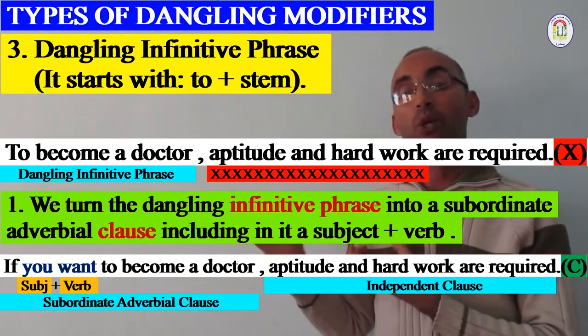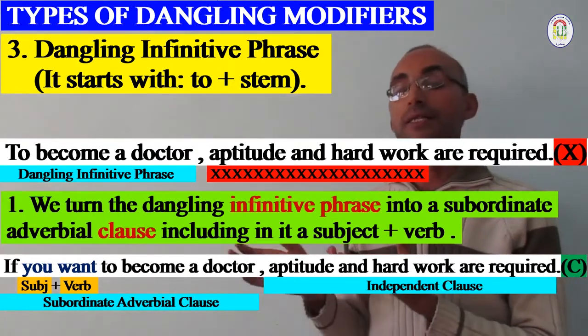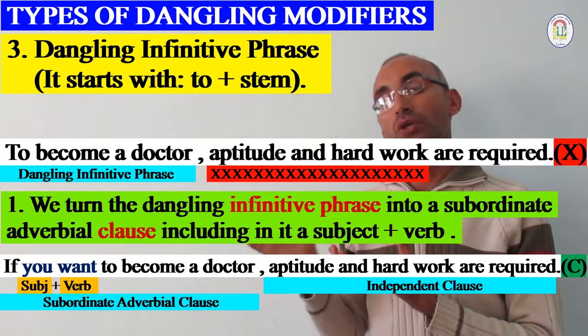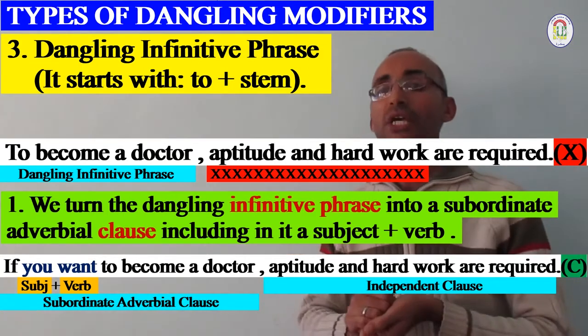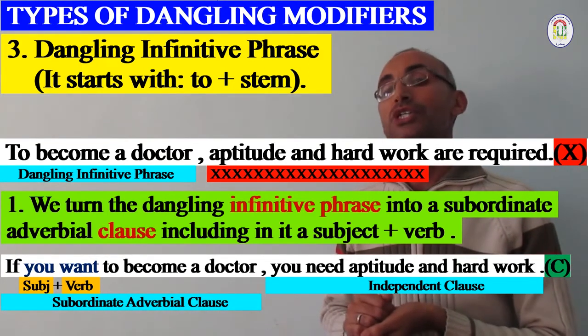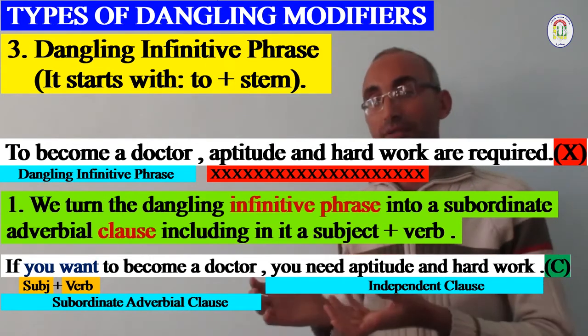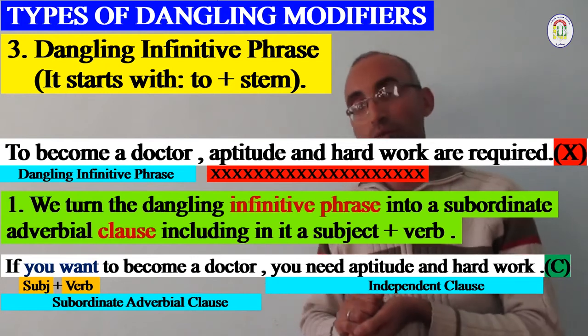Now here I have a complex sentence. Okay, the first part, adverbial, second part, my independent and main clause. Or also you can say, if you want to be or to become a doctor, comma, you need aptitude and hard work. Clear?